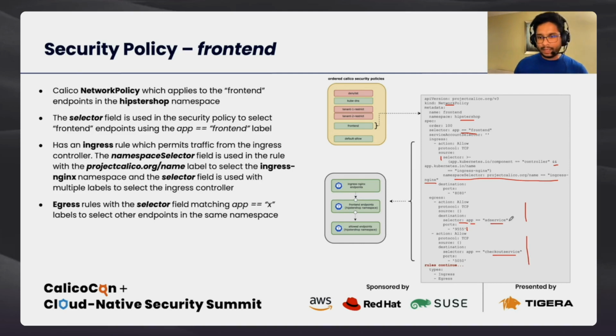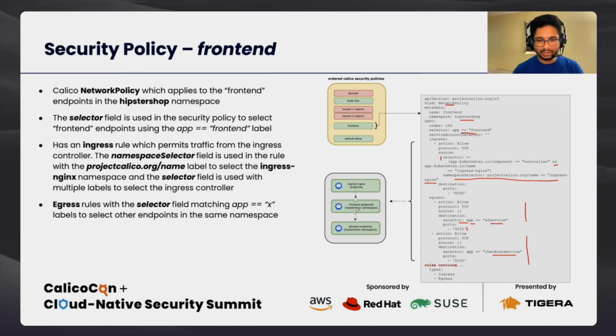Bear in mind that just because traffic is permitted from the front-end workload doesn't mean that we've allowed end-to-end communication. If you visualize this policy, we have the front-end endpoints, and in the ingress direction, we've created a pinhole so that the front-end endpoints can receive traffic from ingress-nginx. And in the egress direction, we've created a pinhole so that the front-end endpoints can send traffic to other services in the same namespace.